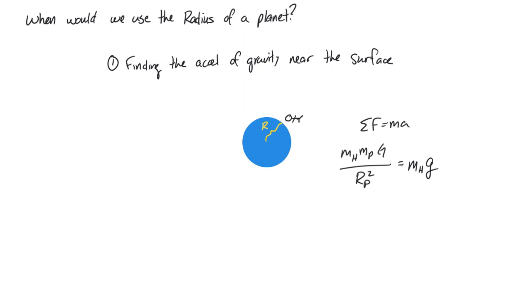This would be a way to find the acceleration of gravity near the surface of a planet. The second time you would use the radius of the planet is if you had a low planetary orbit where you were effectively orbiting the planet somewhere very close, maybe even inside its atmosphere. Something like that. So our object is very close to the surface of the planet.